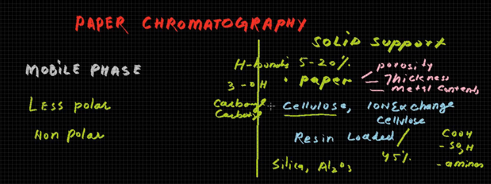So for a simple paper chromatography, simple cellulose will act as a solid support, and it will be theoretically an inert material.